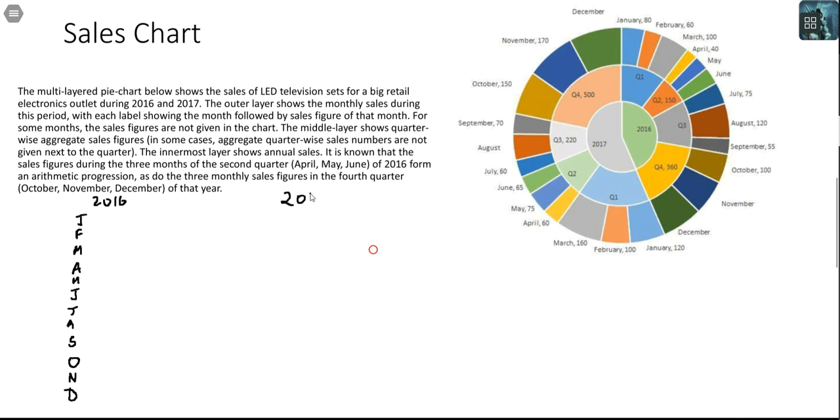Similarly, for 2017, Jan, Feb, March, April, May, June, July, August, September, October, November, December.